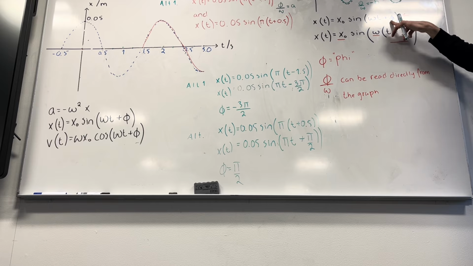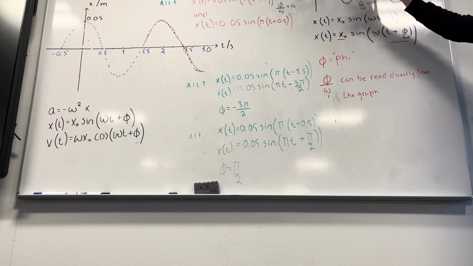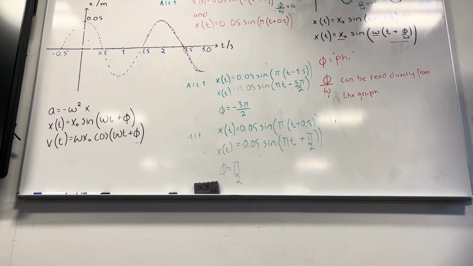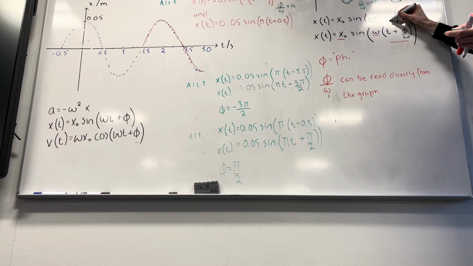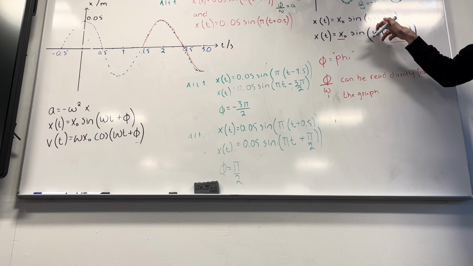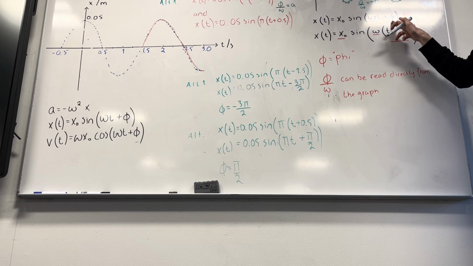There's no radians on the graph. I thought radians wasn't strictly a unit. But omega times t is an angle in radians, and phi is an angle in radians.